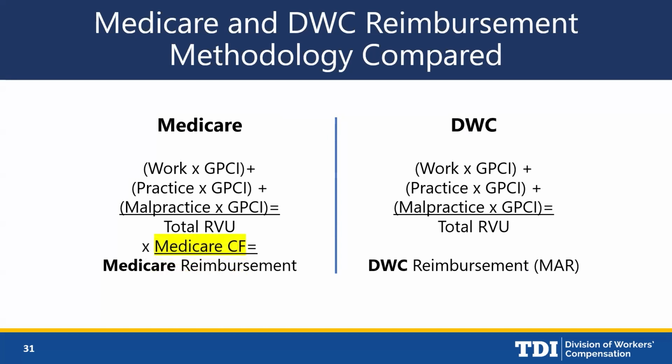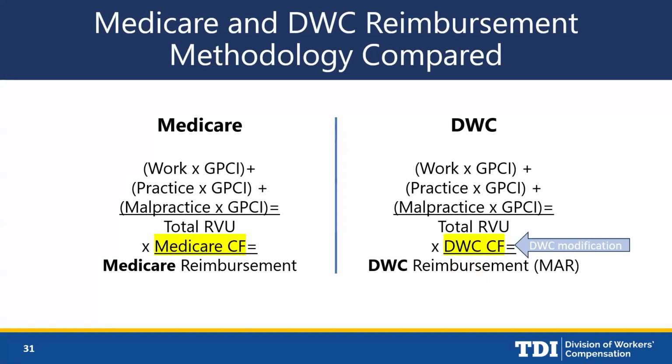On the Medicare side, they're using their Medicare conversion factor. And on ours, you replace it with our conversion factor. And our conversion factor changes once a year. Medicare can actually change theirs during the year, and that happened this year in 2024 in March. So that is our modification to the long calculation.